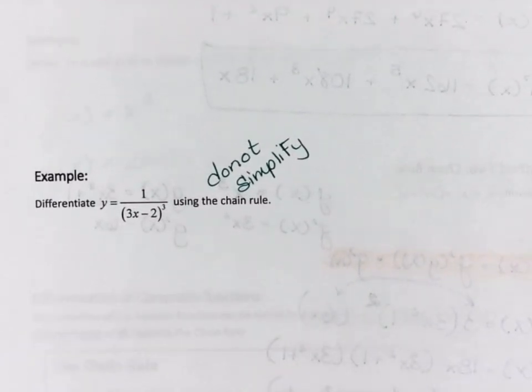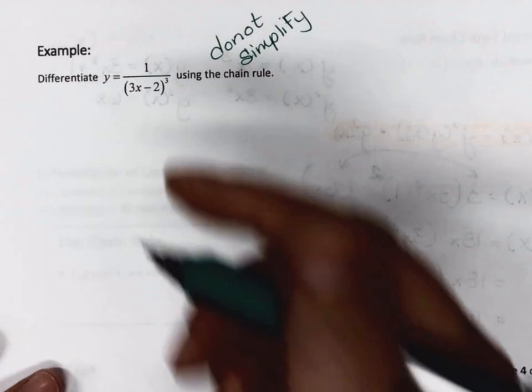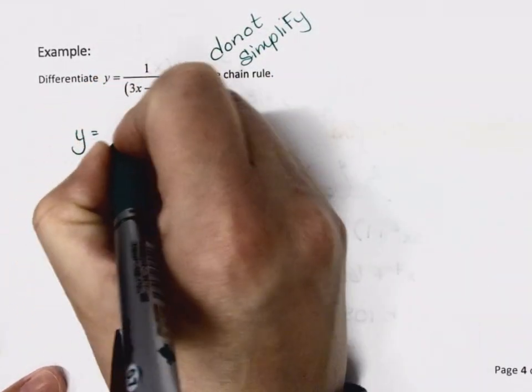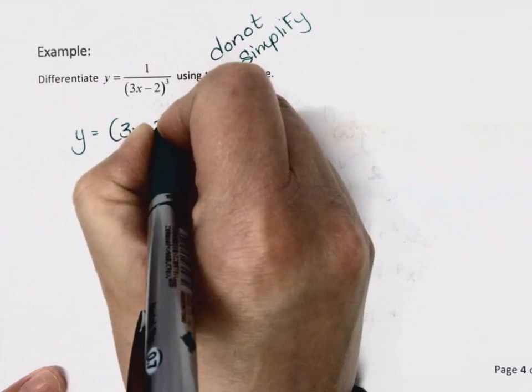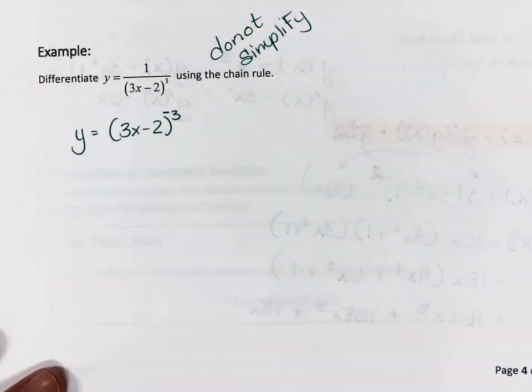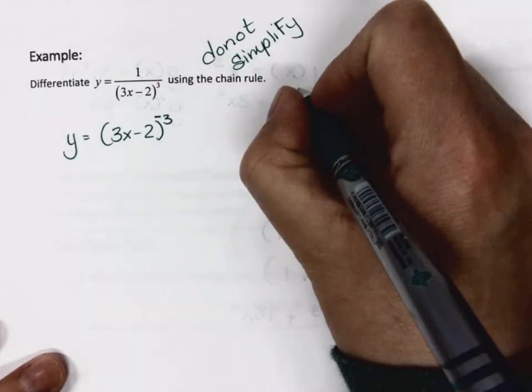I think that'll be easier for applying the rules to. So that was helpful for us in D3. So I think I'm going to do it here in D5 too. So the composite function would be 3x minus 2 cubed, but it would be a negative 3 now. Because I'm just making it a negative exponent, I'm pulling it up to the top. And that would make it a little bit easier.